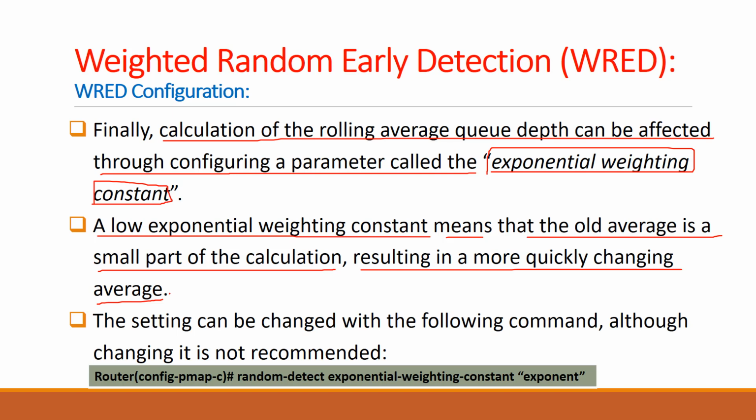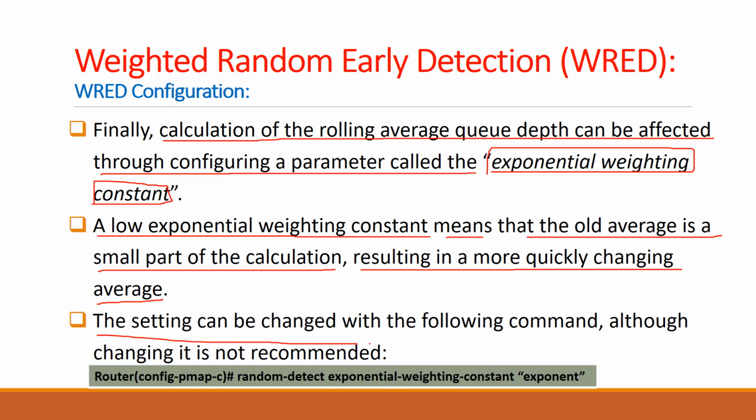So this value can be configured from the command line, and a low exponential weighting constant means that the old average is a small part of the calculation and results in a more quickly changing average.